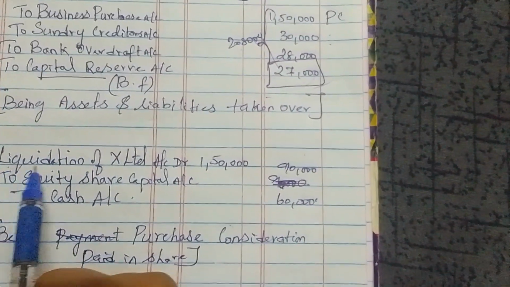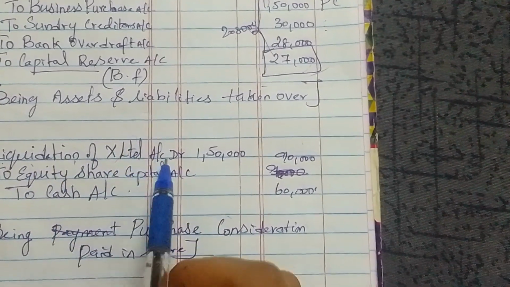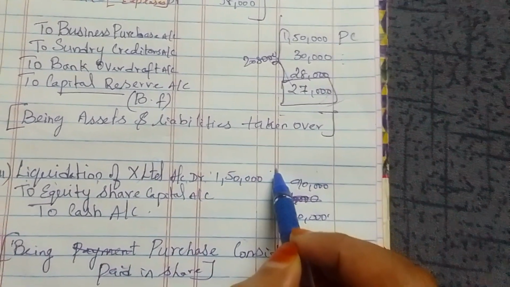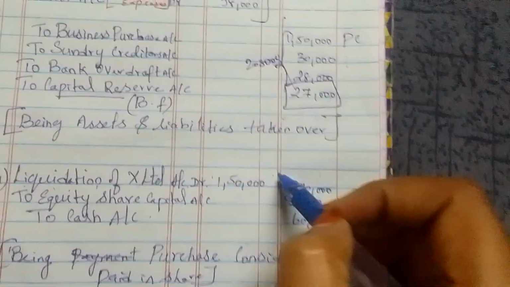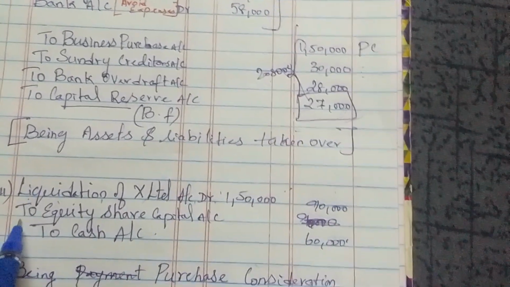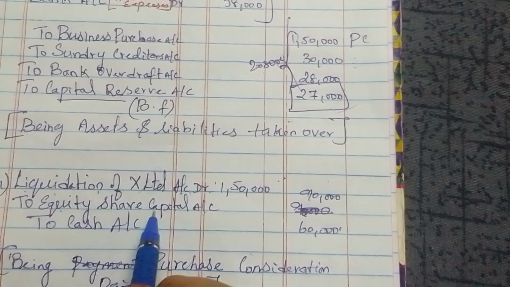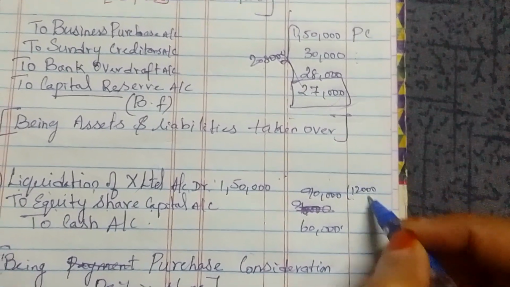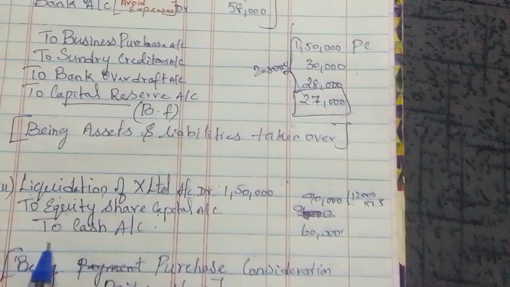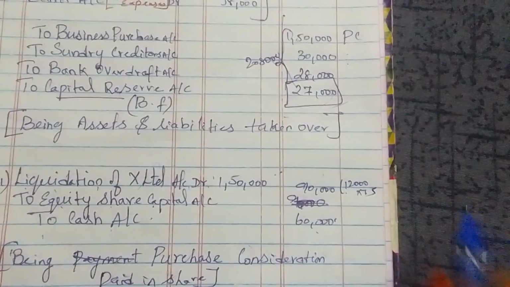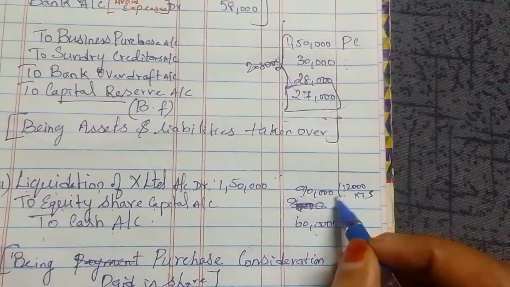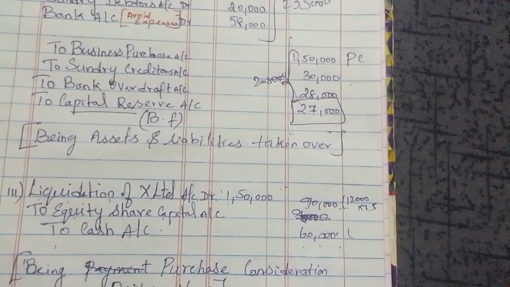The payment to the liquidator of X Limited, account debited to equity, will be 1,50,000. How did we get 1,50,000? The equity share is 90,000, which is 12,000 into 7.50, and the cash is 60,000. If you add 90,000 and 60,000, you get 1,50,000. Clear, my dears?